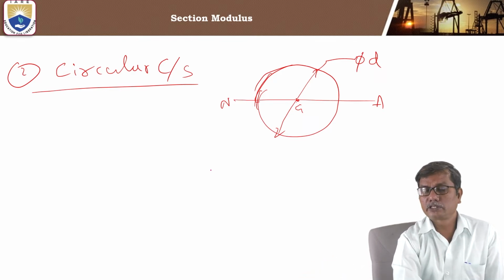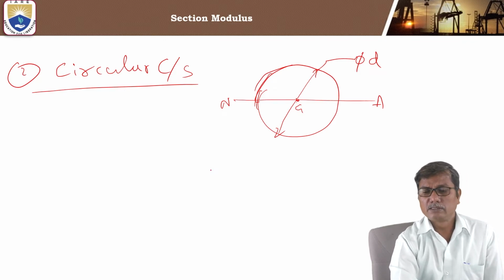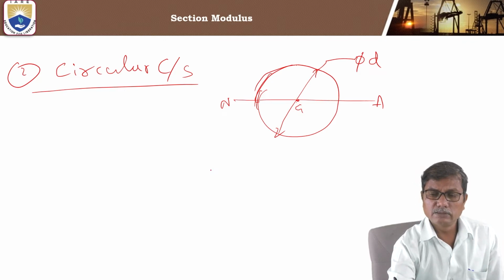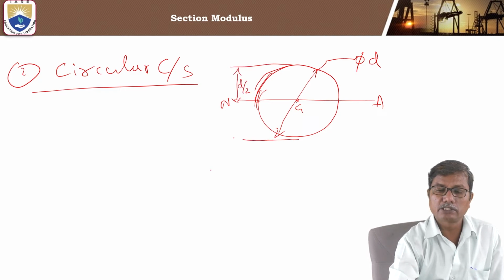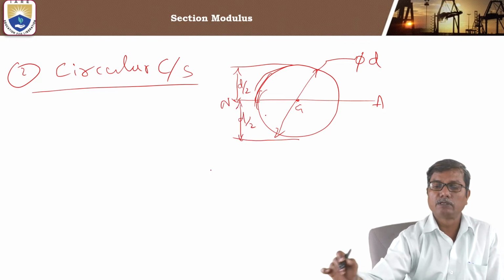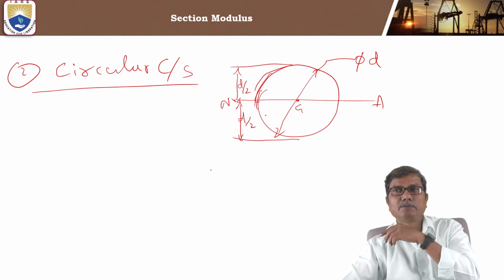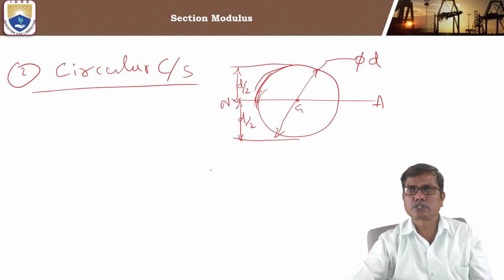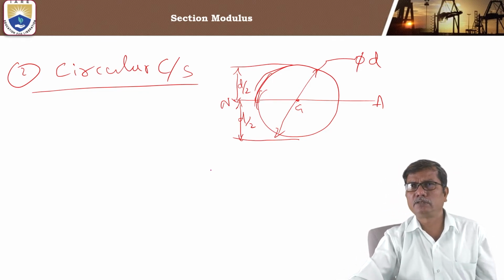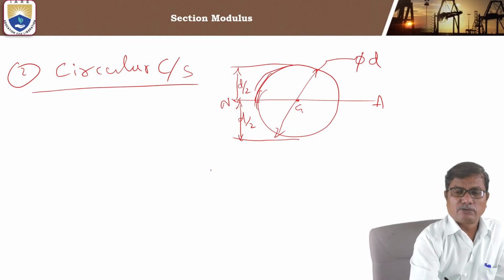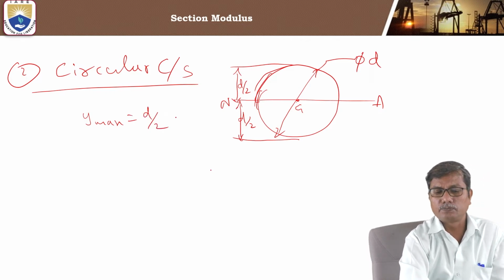For this, how to find the section modulus? The extreme fiber will be at a distance of the radius, diameter by 2. Diameter is d, so the bottommost or topmost fiber will be at a distance of d by 2. So here y maximum is radius, d by 2.